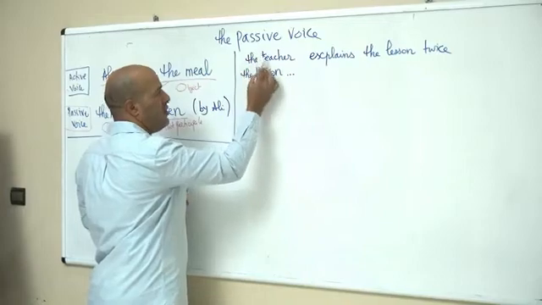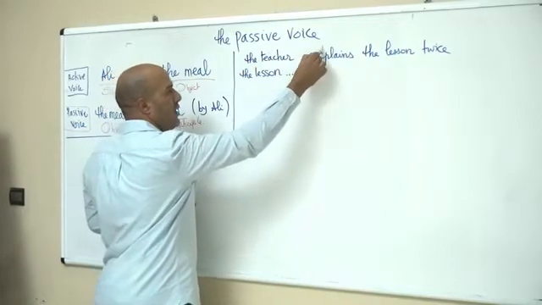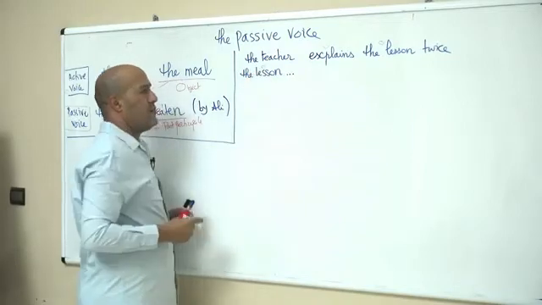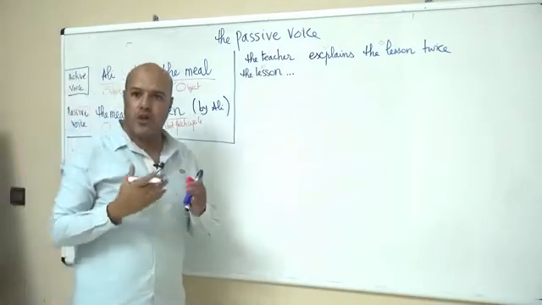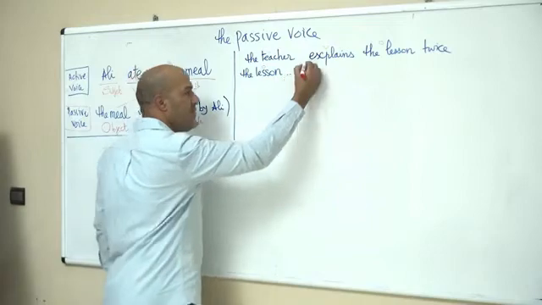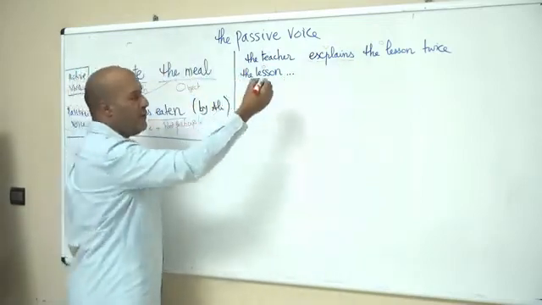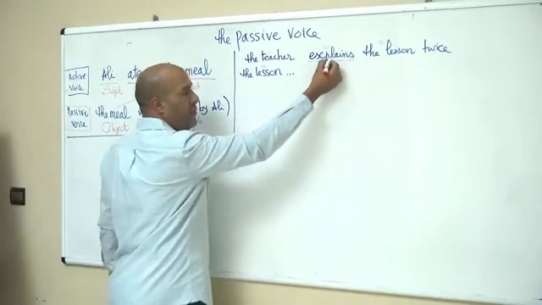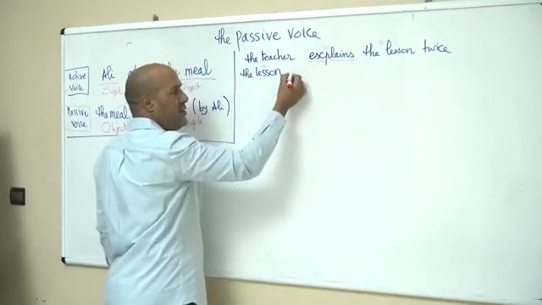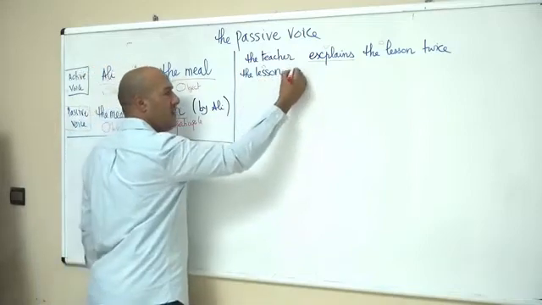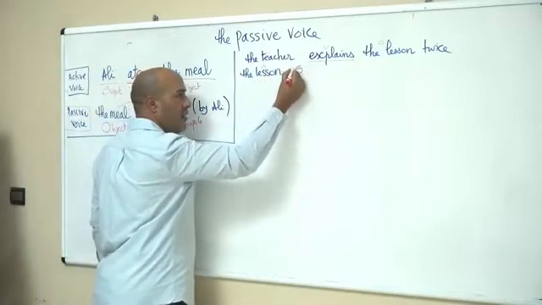So here, as I said, the teacher is the subject, and we have the verb and the object. What do we need? We need to put the verb to be. In which tense? In the same tense in which was the verb when it was active. So the verb here was in the simple present. So the verb to be should be in the simple present. So we say the lesson is.